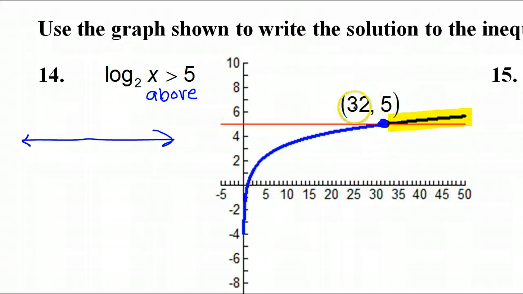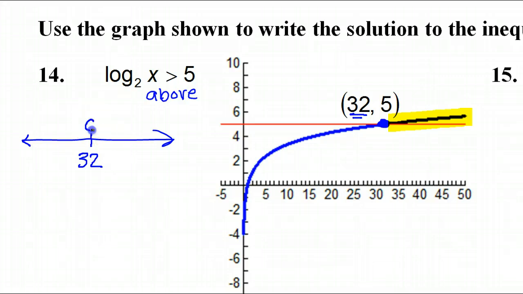Now, should I be looking at the 32 or the 5? Yeah, the 32 is what we are talking about, the x value. Alright, because we're making a number line and it's like the x-axis. So 32 is the critical value. Am I going to put an open circle or a closed circle?